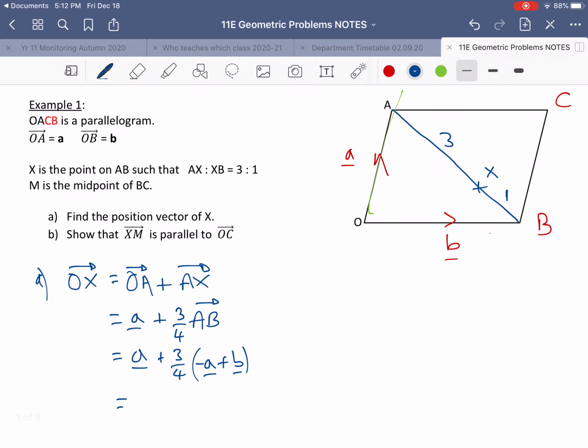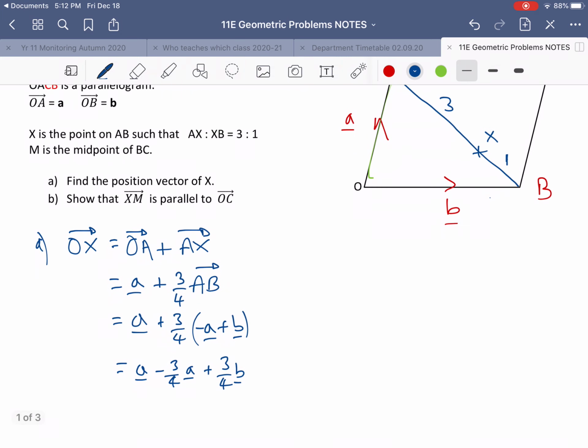Just to tidy it up, we have an A, take away 3/4 of an A, plus 3/4 of a B, which ends up giving us 1 whole A, take away 3/4, so just 1/4 A, plus 3/4 of B. And that is the position vector of O to X.